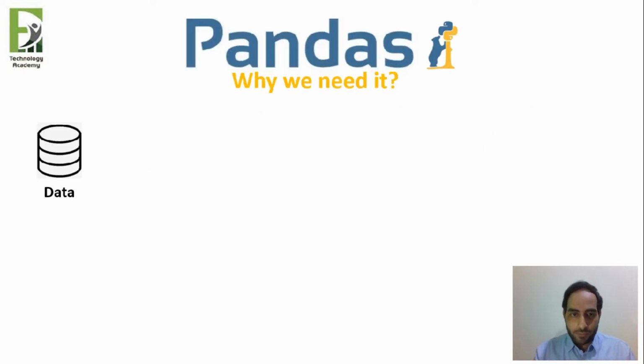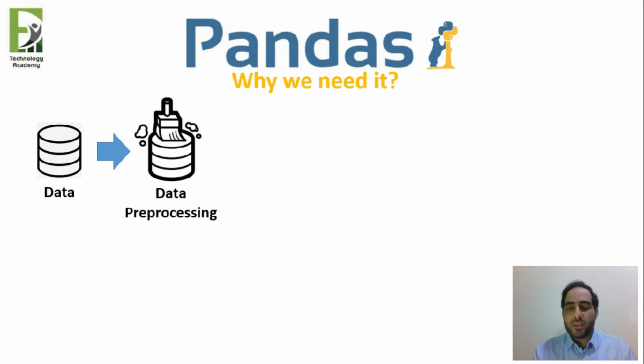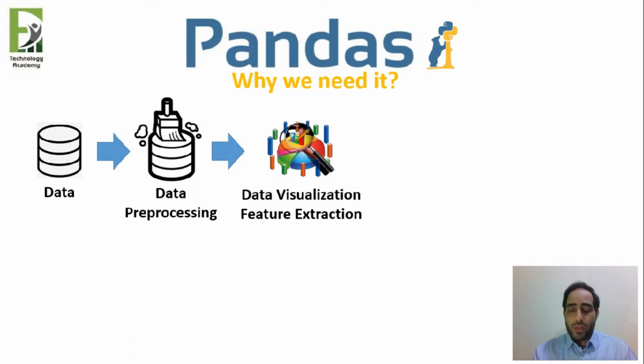Let us have a look. The first step, if you want to develop a machine learning solution, is to load the data, and after that you need to do data processing. Then we need to visualize the data. We need to decide which columns we are going to keep and which columns we are going to remove.